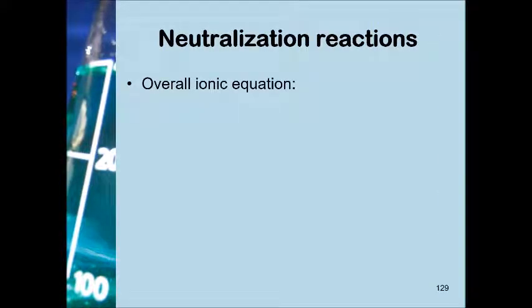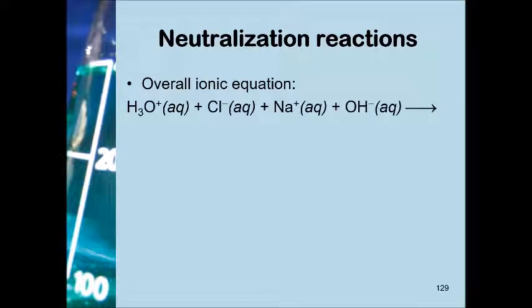So the overall ionic equation is shown like this. We have the first two ions, the hydronium ion and the chloride ion, and then the sodium ion and the hydroxide ion are in each of their separate little beakers, and when we put them together, we noticed after we poured them together, the one at the right had only sodium ions, chloride ions, and just water molecules.